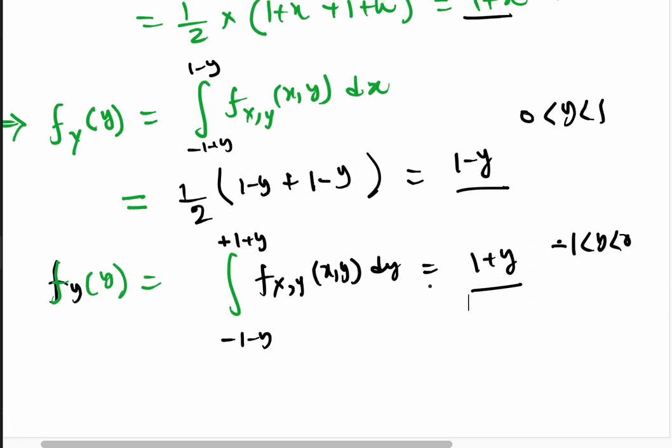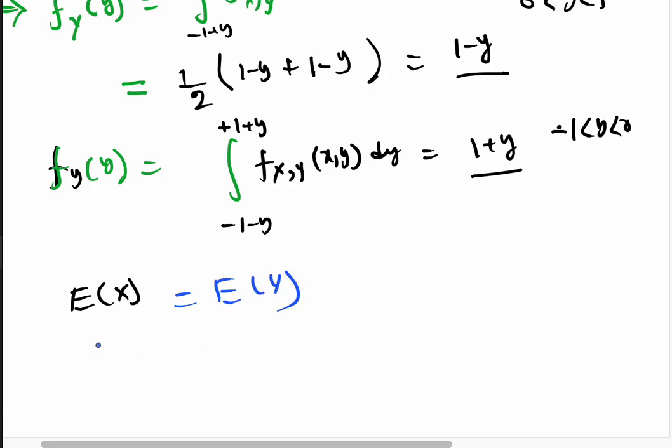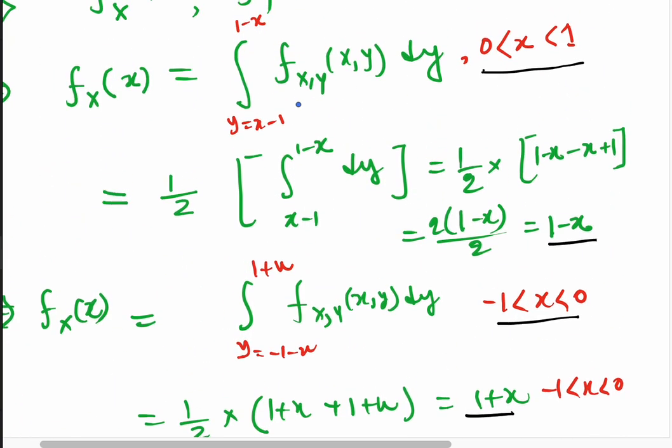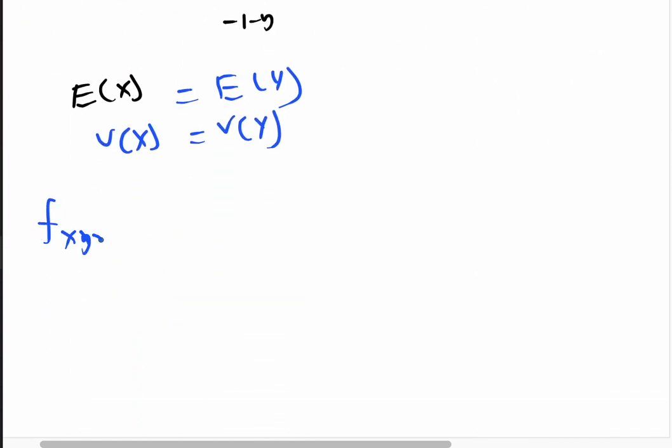So the distributions of x and y are the same, which means the expectation of x equals the expectation of y, and the variance of x equals the variance of y. Another thing is, if x and y were independent, f(x,y) should be fx times fy.